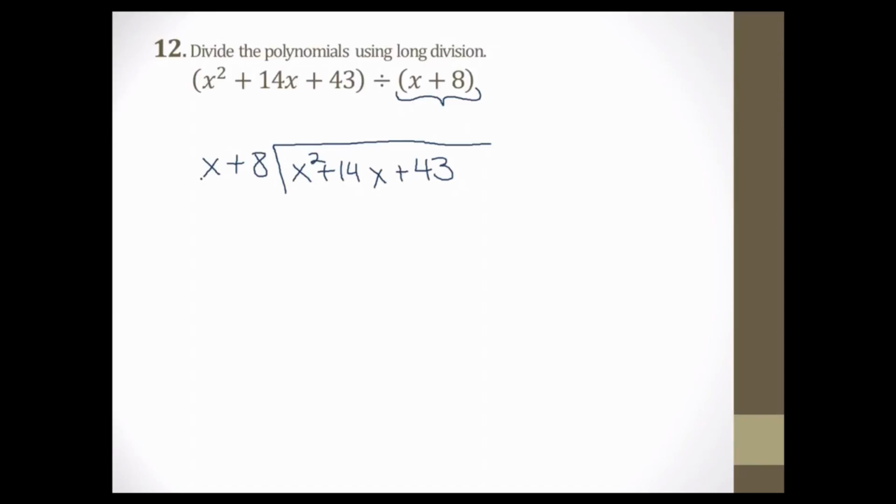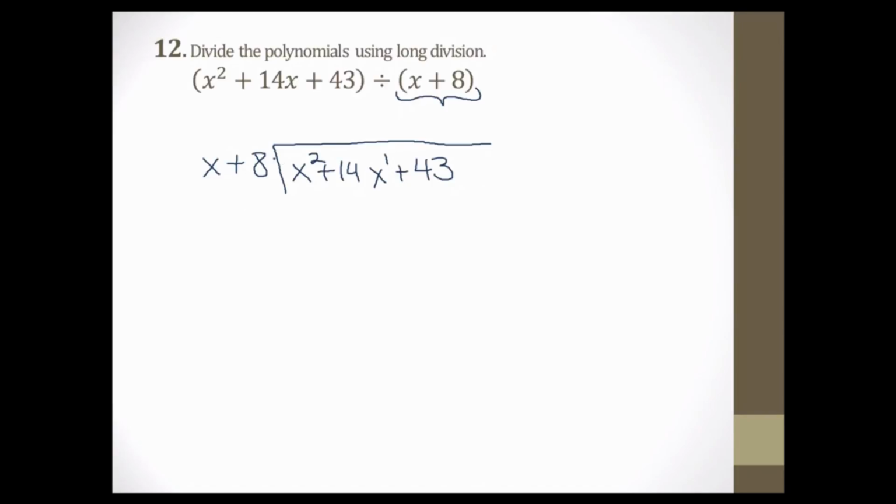So here it basically starts with the x and then it goes to the constant, so we're good here. And then over here it starts with degree 2, and then it goes down, even though you don't see it, it has a degree of 1, and then basically here a degree of 0, which makes this x disappear. So yes, they are in descending order, and none of the terms are missing, which means we can just do our long division.